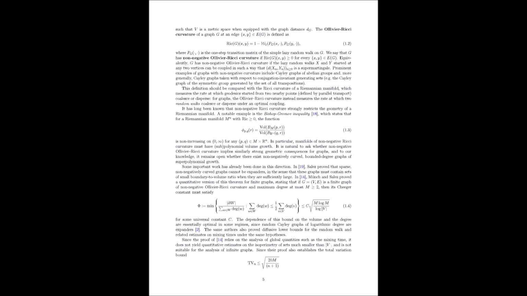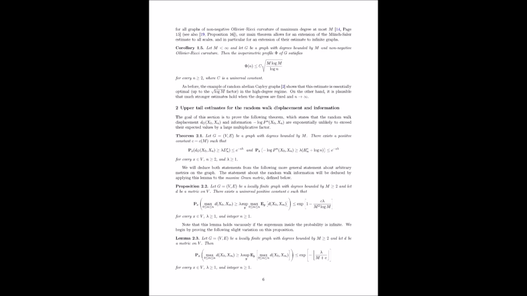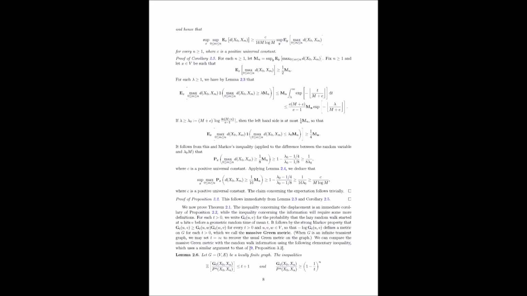The isoperimetric profile of this network can tell us how well connected the cities are and how easily traffic can flow between them. So a network with a small isoperimetric profile would mean that cities are tightly clustered together and well connected, allowing for efficient transportation. Exactly. And a network with a large isoperimetric profile might indicate bottlenecks or areas where transportation is less efficient due to the spreading out of cities and fewer connections.